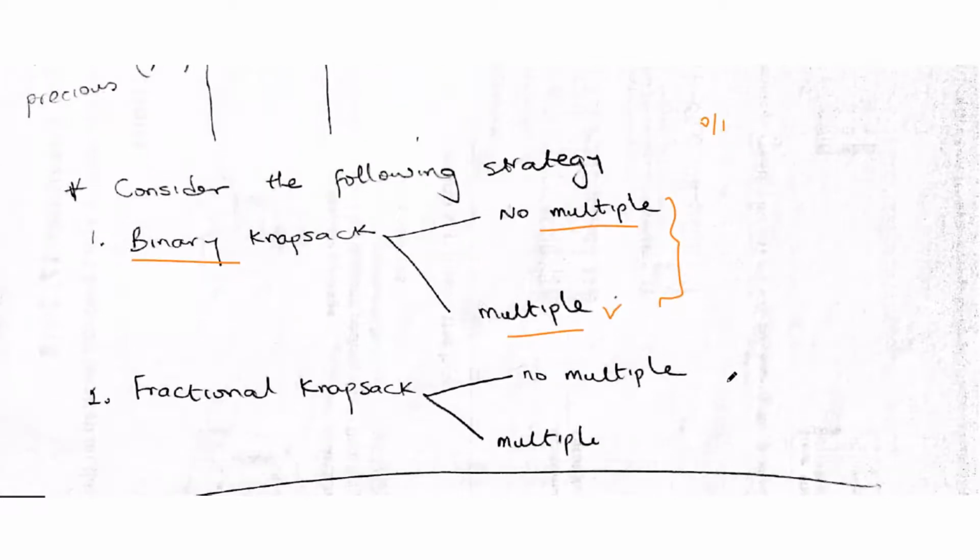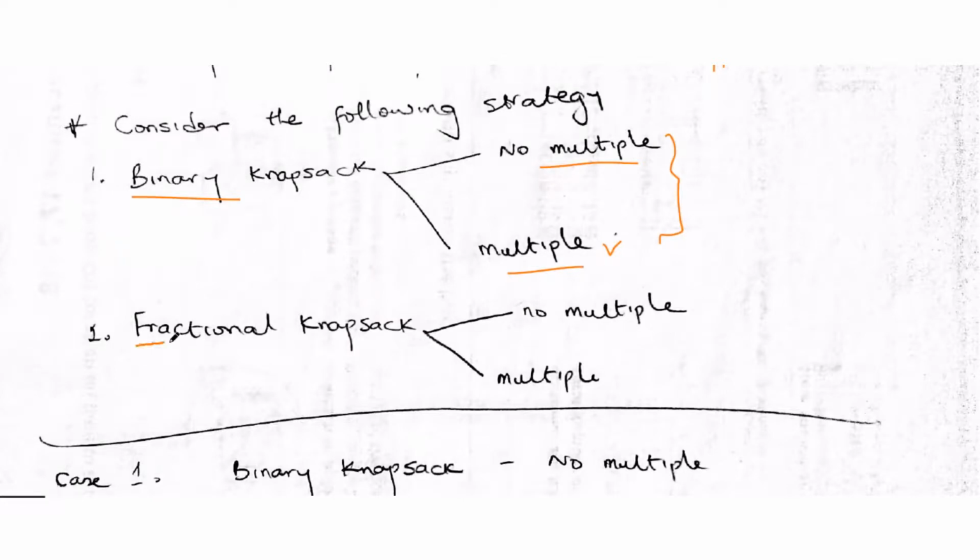Then we also have another variant of the knapsack problem, which is fractional knapsack. As you can guess, fraction means you have a ratio. That means you can carry a percentage of the item. If you have an item whose weight is 5, you can decide to split the item into 2 and carry 2.5 of the item.